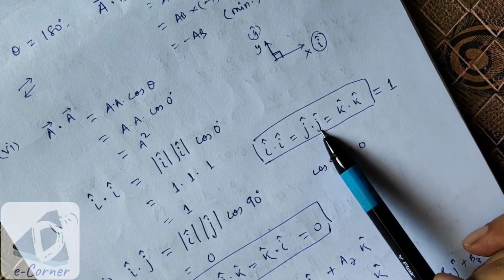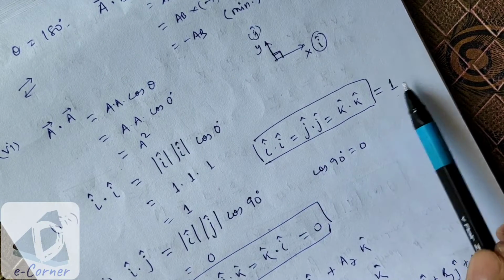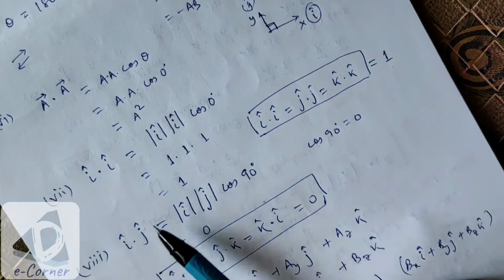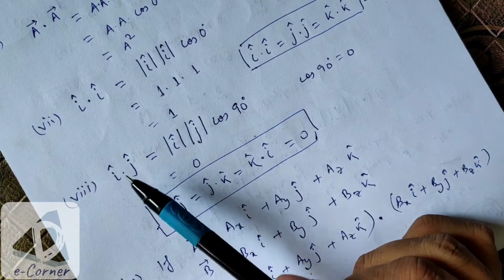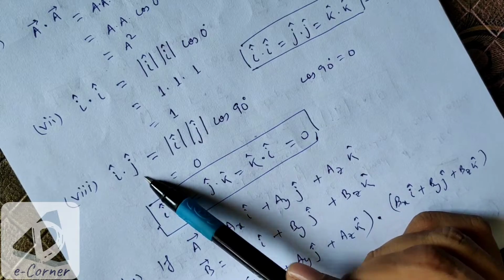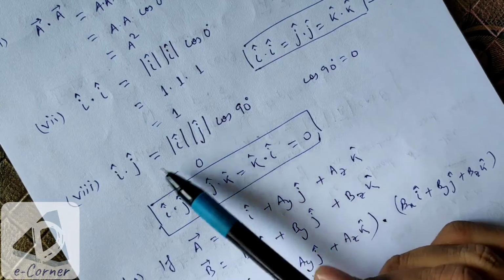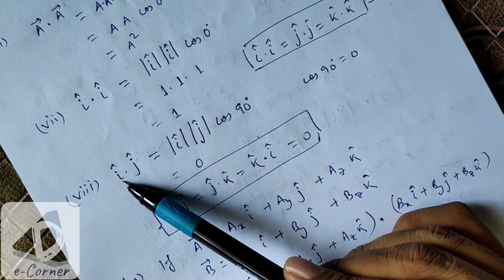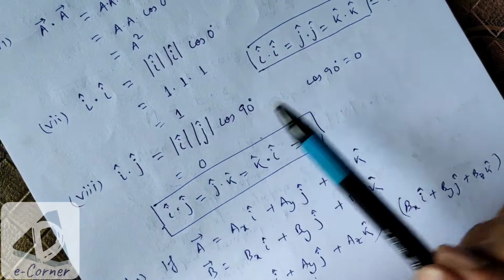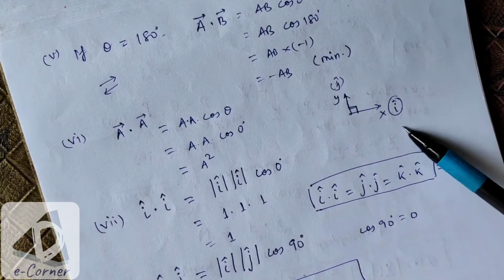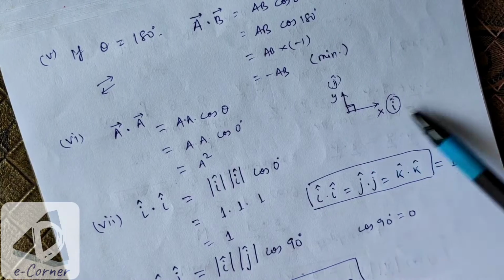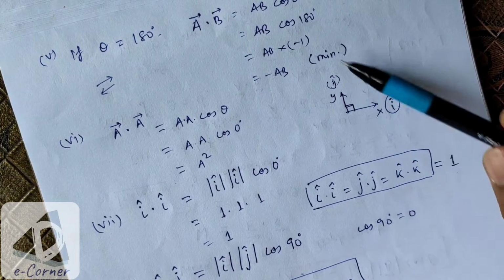Similarly, j dot j is equal to 1, k dot k is equal to 1. You have to remember this one. Then if we do the scalar product between i cap and j cap, it will become 0. Why? Because the angle between i cap and j cap is 90 degree. This is your i cap along x-axis, this is your j cap along y-axis.